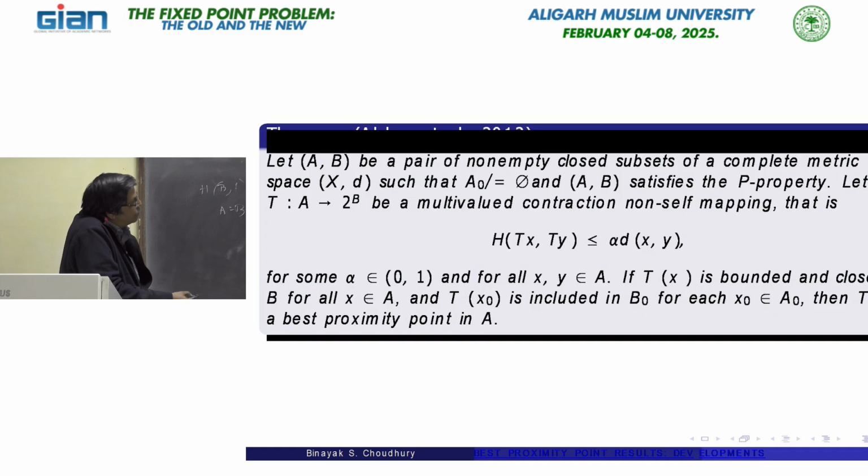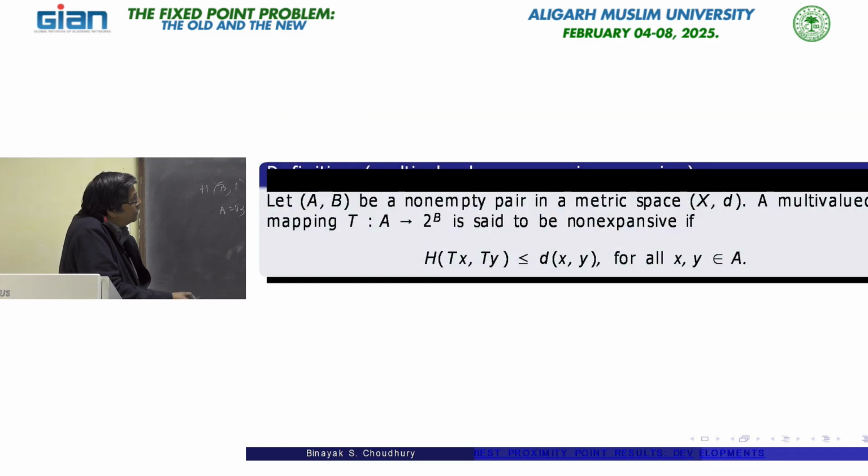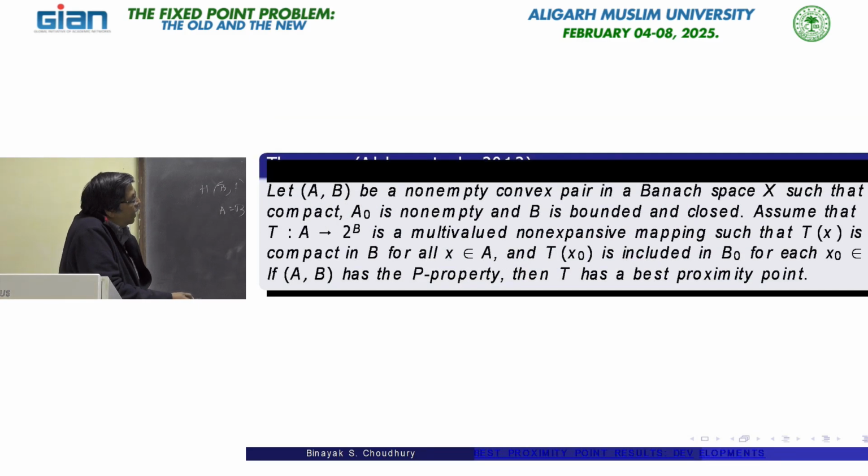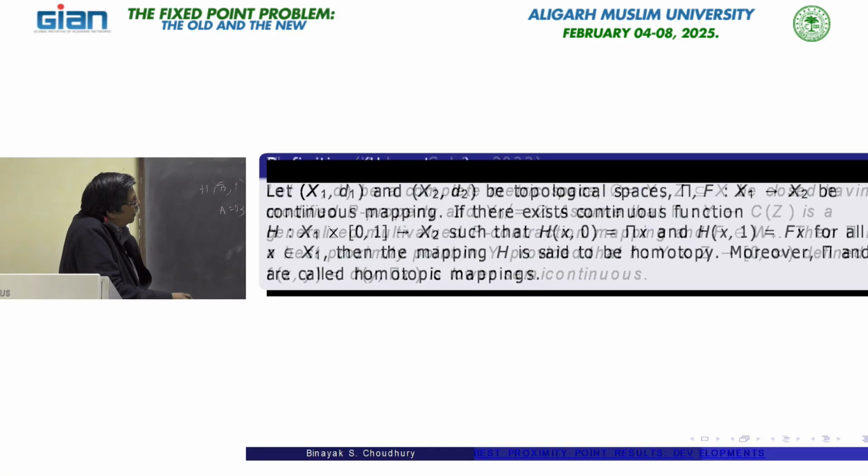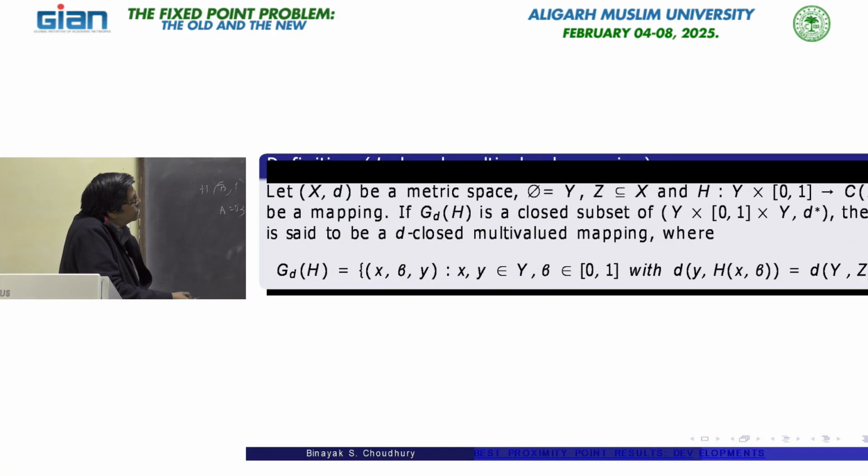On Banach space, if you impose certain conditions, then it will also give you the best proximity point. I have omitted some; there is also a nice result published in 2022, which has applications again to homotopy types of things. And this is again, I have repeated. Let us go back this way, and this is the result.